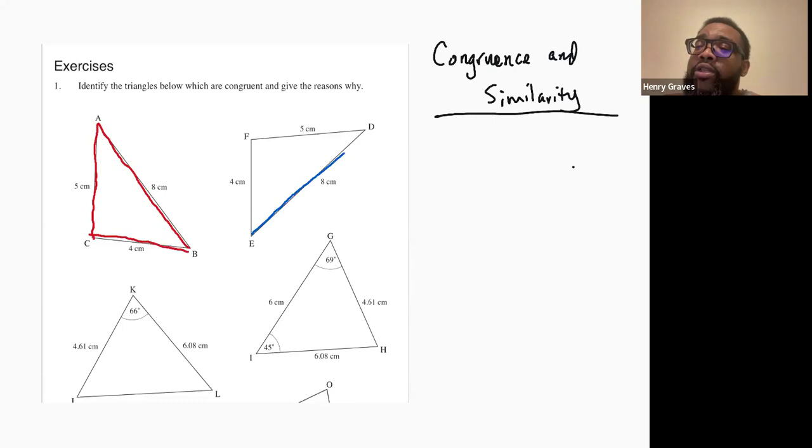So let's compare these two. If you notice right away, both of these are right triangles.